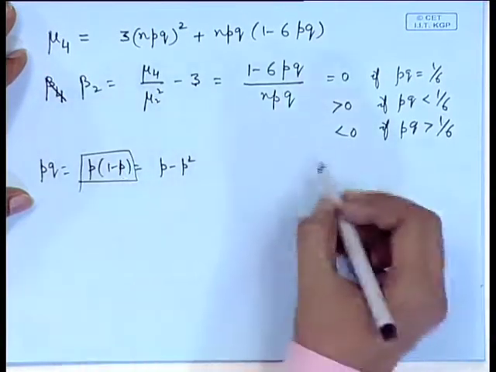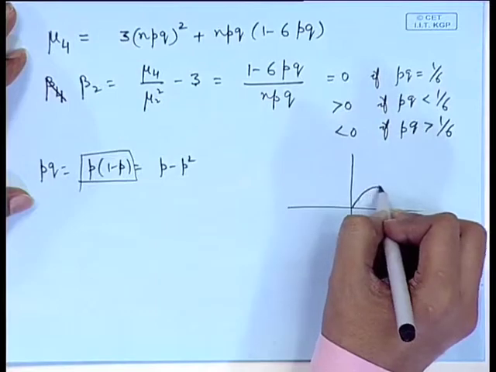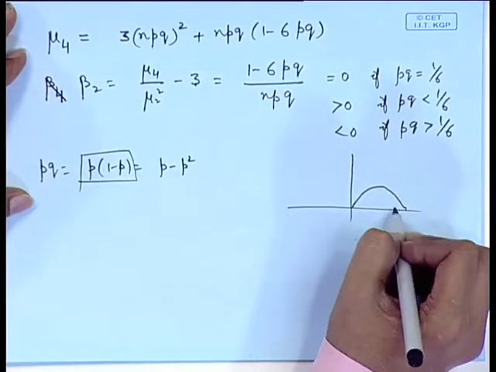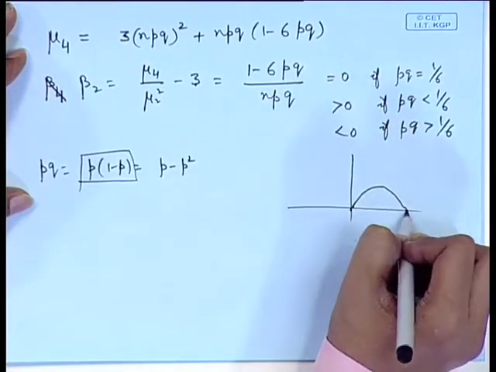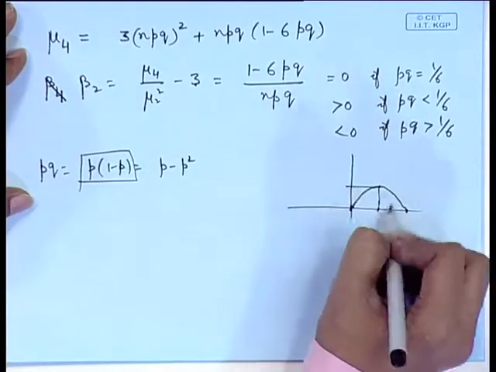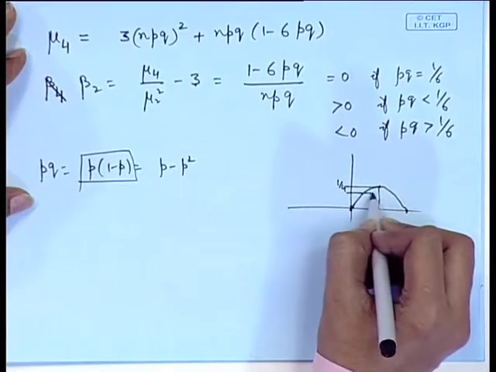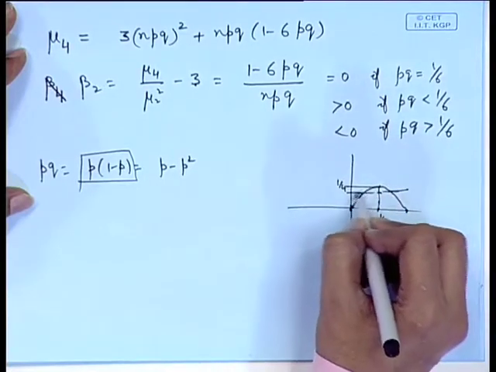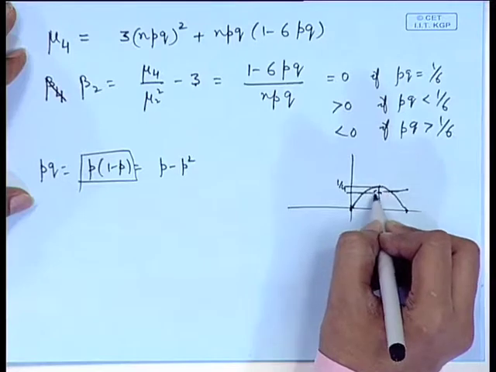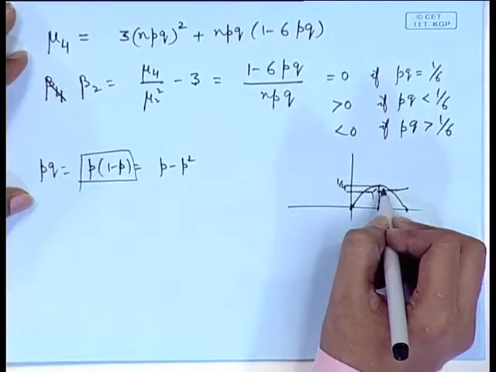So, it is basically a concave function p into 1 minus p, it is like this. At p is equal to 0 and p is equal to 1 it is 0, and at p is equal to half the value is equal to 1 by 4. So, naturally it is possible that the value of p into 1 minus p can be greater than 1 by 6, equal to 1 by 6 or less than 1 by 6.